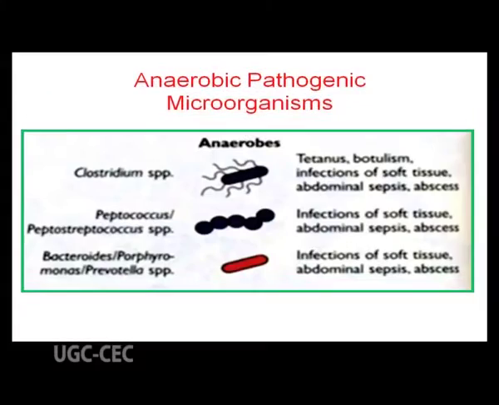Similarly, we have anaerobic pathogenic microorganisms like Clostridium tetani and Peptococcus. Botulism is also caused by Clostridium botulinum. Very good. In this way, antibiotics are used to cure a wide range of diseases.